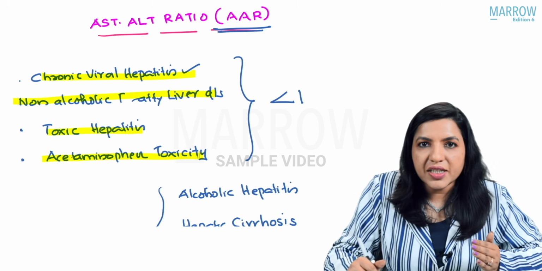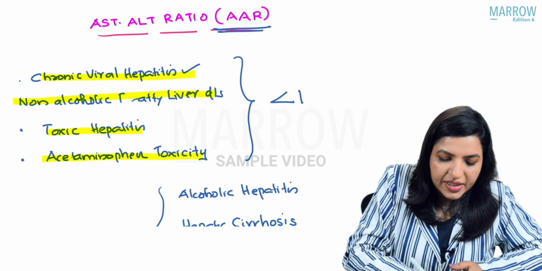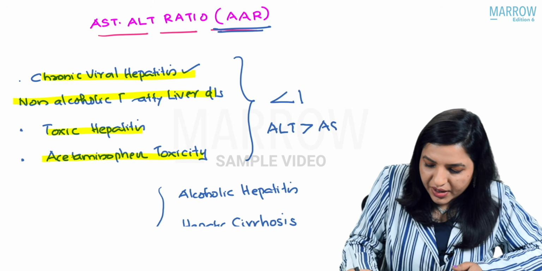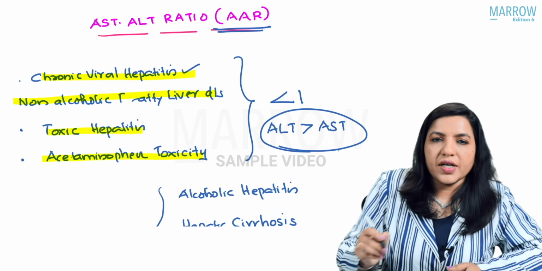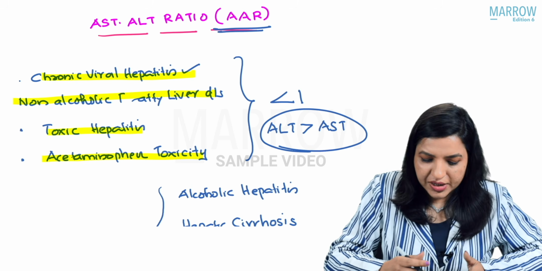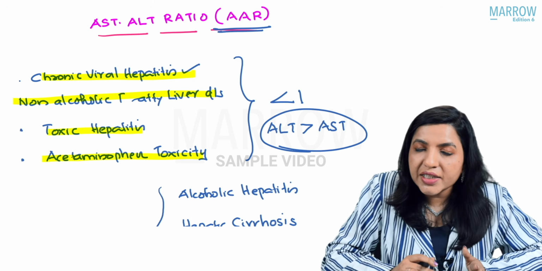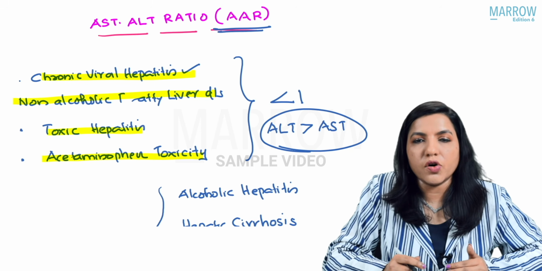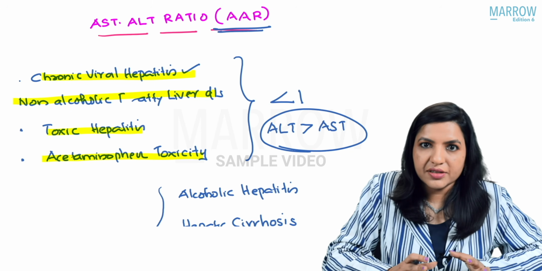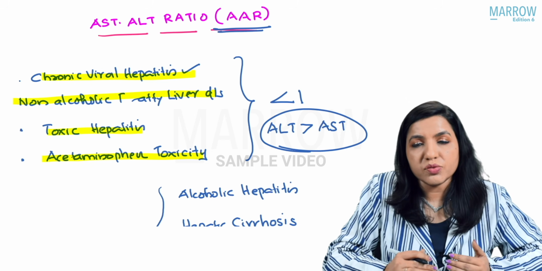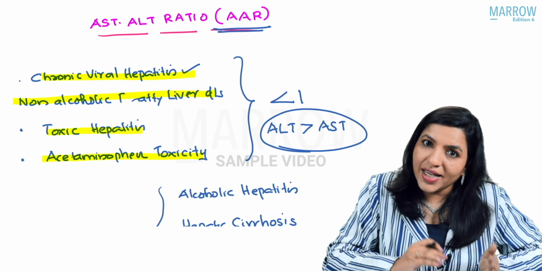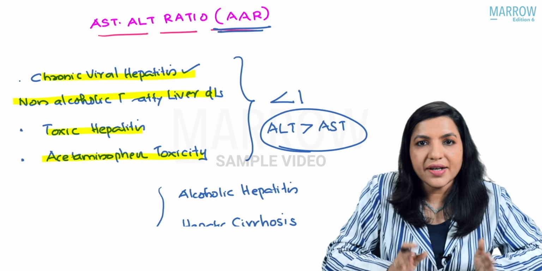Why? Because in all these cases, the ALT elevation is more than AST. All these are liver disorders, and ALT is a more specific marker for liver diseases than AST, so the ALT level is more than AST. That is why the AST-ALT ratio is less than 1.